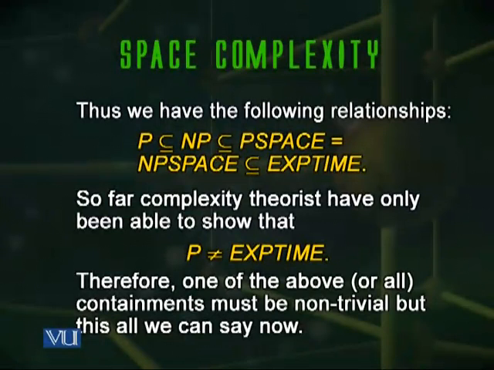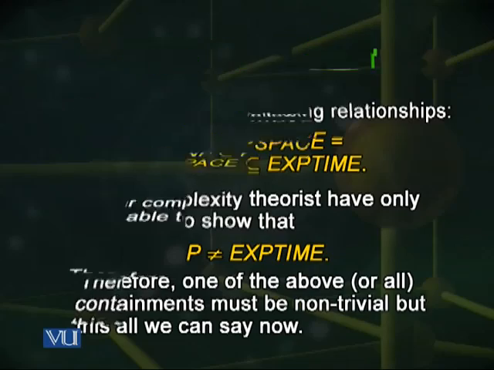So far, complexity theorists have only been able to prove that P is not equal to EXPTIME. So we know that the class P and the class EXPTIME are two different classes. In other words, there is one problem that you can solve in exponential time, however, you cannot solve it in polynomial time.